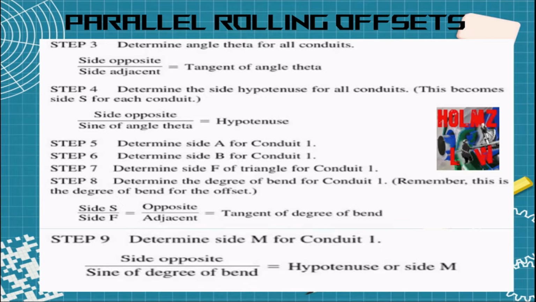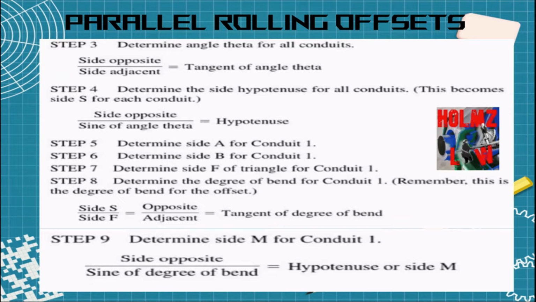The angle of your offsets is determined by your calculations of your rise and how much horizontal distance you need to go, how much roll you need to do to get to your target. So it's determined by the measurements you take out in the field.